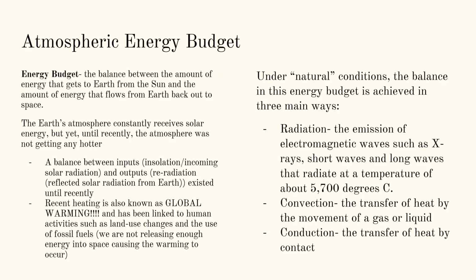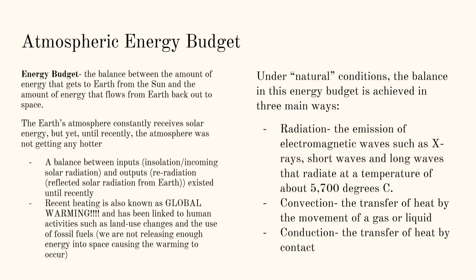However, the balance between the inputs, so the incoming solar radiation from the sun, and the outputs, that radiation that is reflected from the Earth back out into space, is sort of being thrown off by a couple things. And this recent heating is known as global warming.